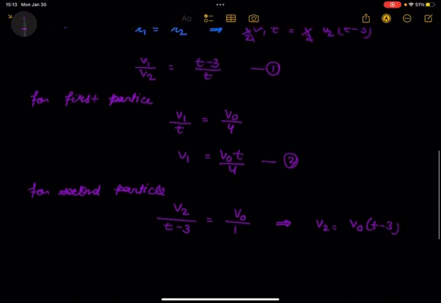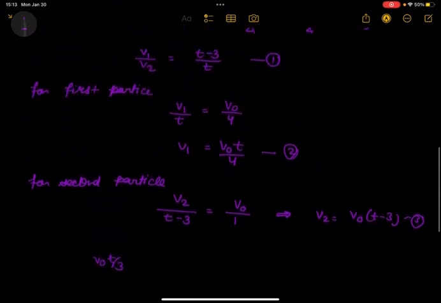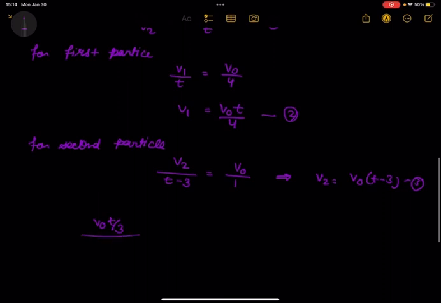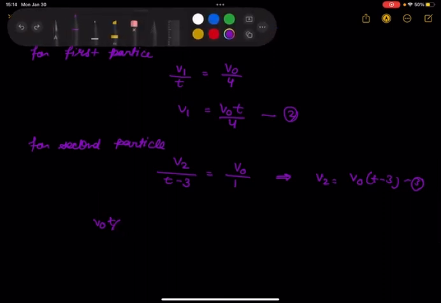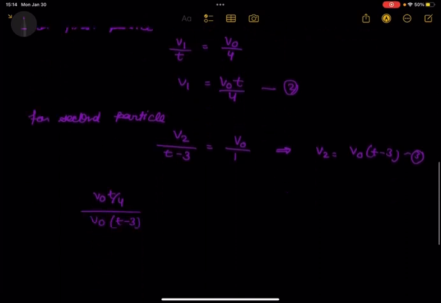Finally, we want to put these values of v1 and v2 in equation number 1. So v1 is v naught t by 4 over v2, which is v naught into (t minus 3), is equal to (t minus 3) by t.